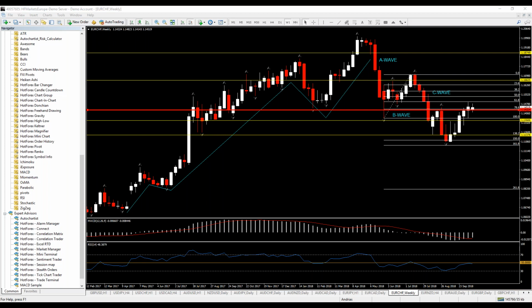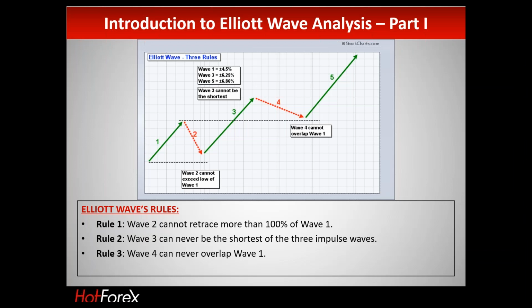Even though in the waveform wave 4 may be a higher low than wave 2, if it overlaps wave 1, then it is not a correct Elliott wave. Donna, I'm not sure if I understood your question. Wave 4 may have a higher low than wave 2, yes. But it must never overlap the peak price of wave 1.